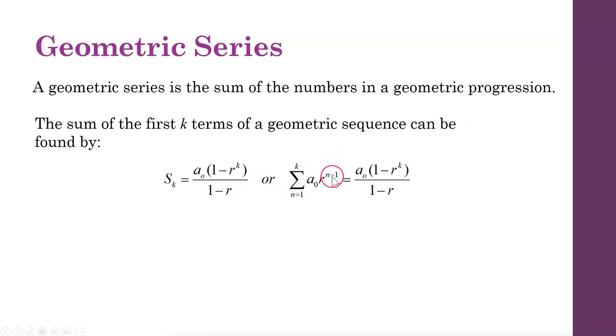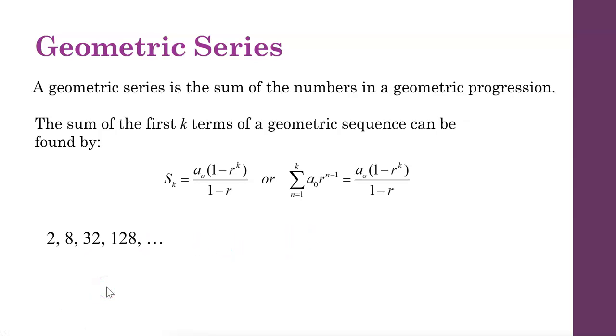Or this is usually the notation we use if we're adding. Recall, sigma means we're going to add things starting with n equals 1 all the way to k, and that will give us the sum of the first k terms.